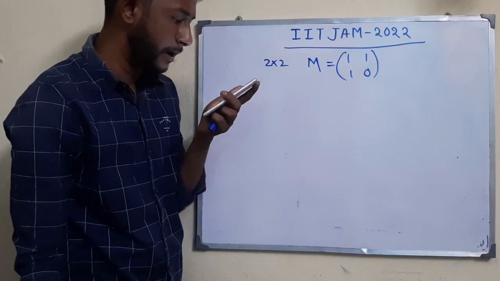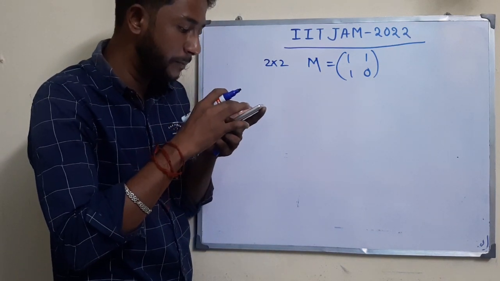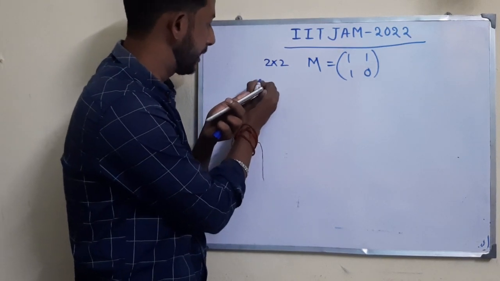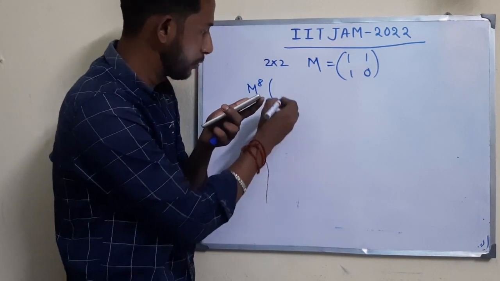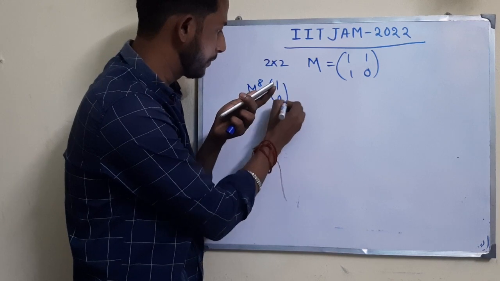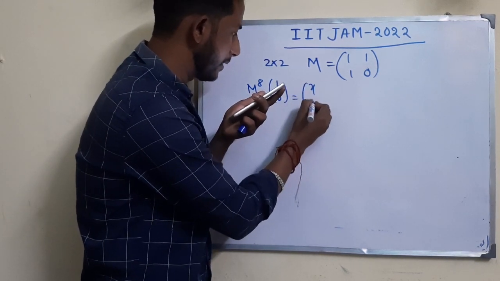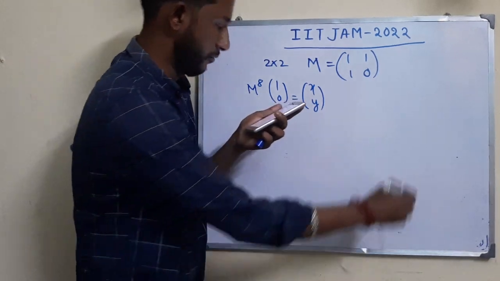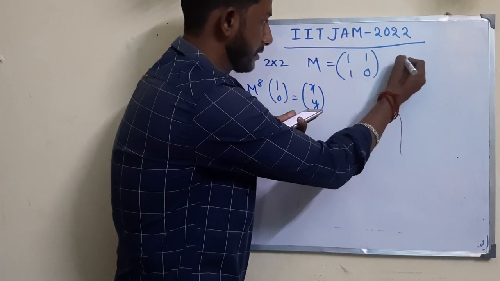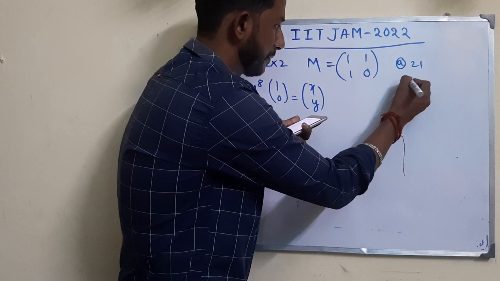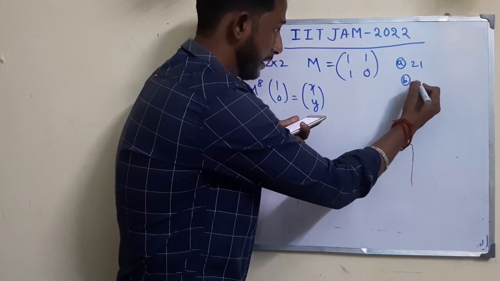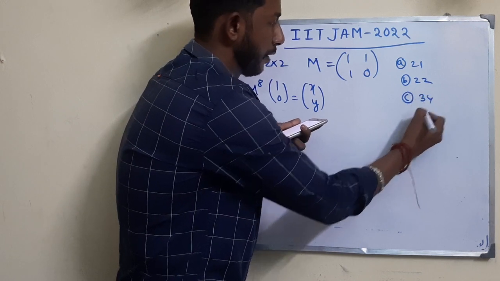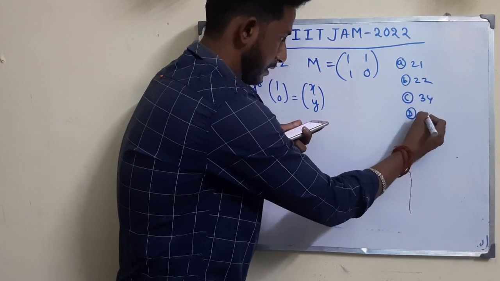Okay, and if the 8th power of M satisfies the condition M to the power 8 into the 2 cross 1 matrix 1 0 is equal to x y, we have to find out the value of x. Options are: option A is 21, option B is 22, option C is 34 and option D is 35.